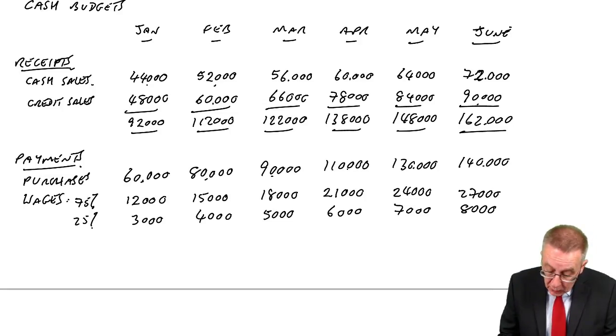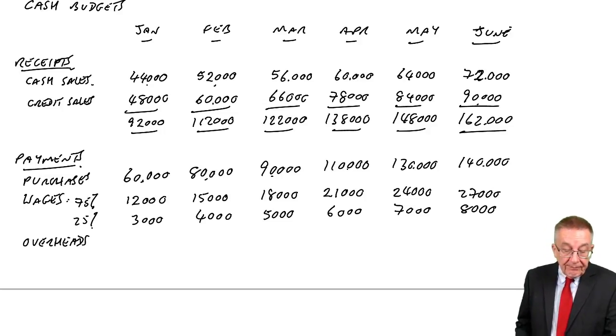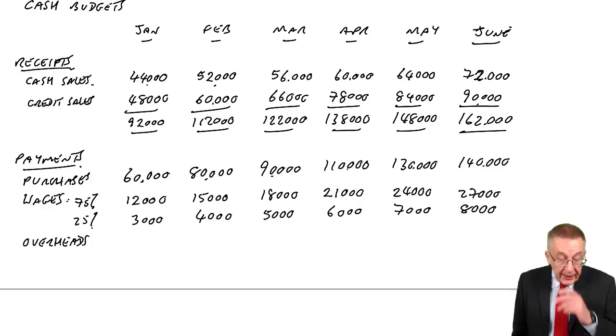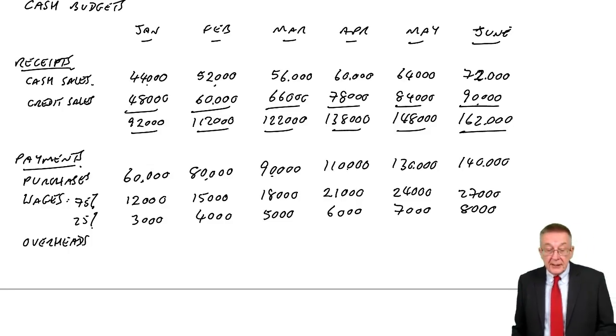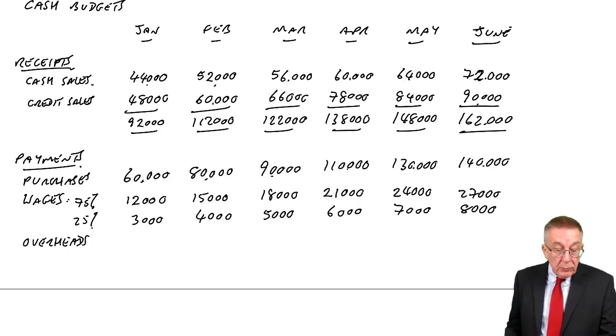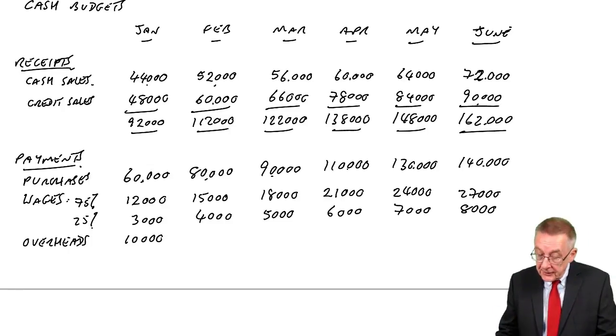What else? Overheads. We know the expense each month, but when are they paid? Well, D says overheads are paid the month after they're incurred. So in January, we'll be paying December's overheads, which were 10,000. February, we're paying January's overheads, which are 15.